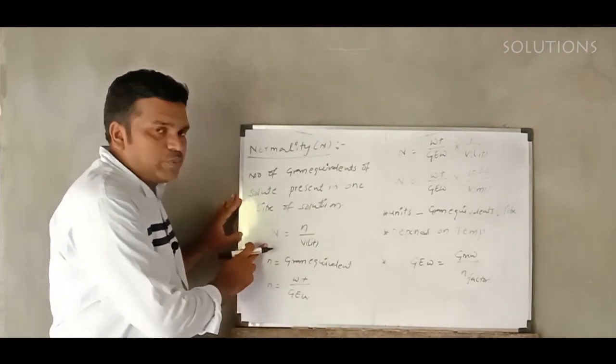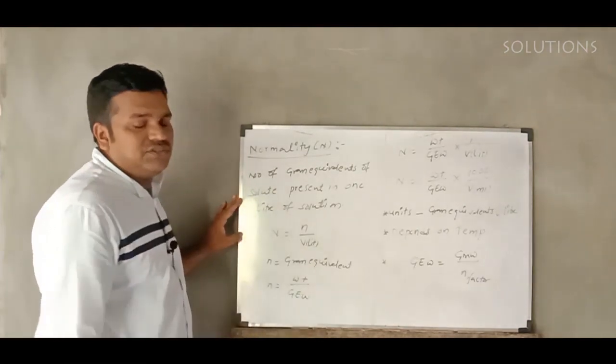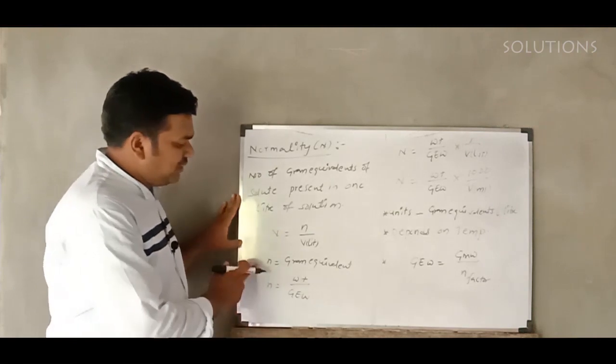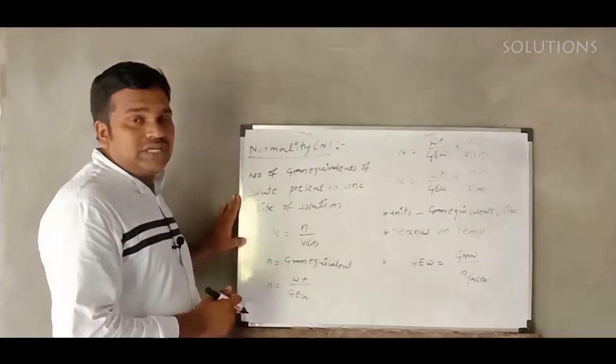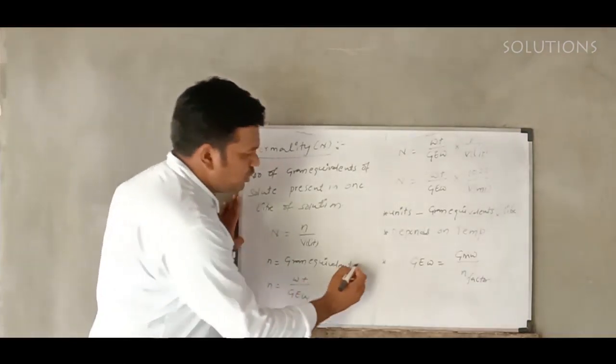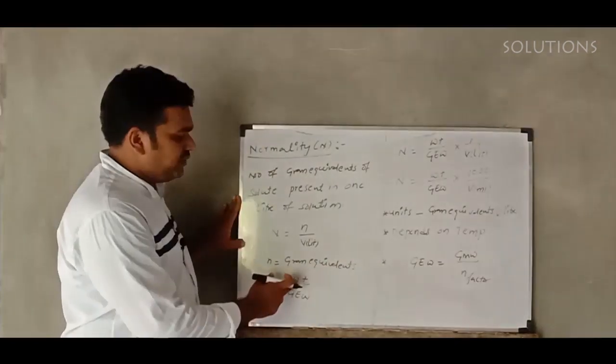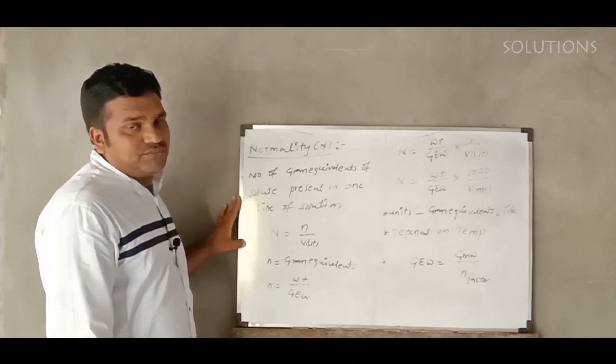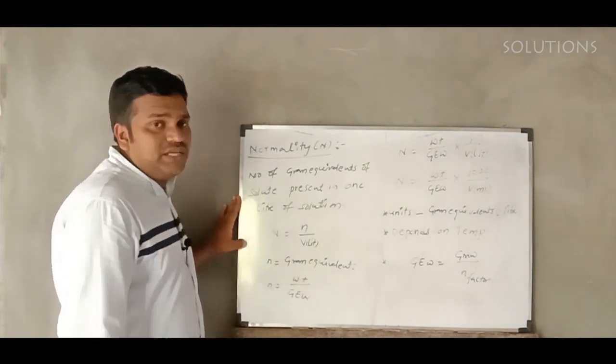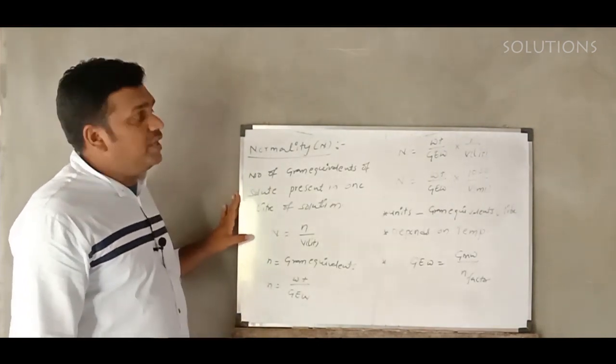Normality N is equal to N by V in liters. But what is N here? N is equal to gram equivalents, that is, weight by gram equivalent weight, the weight of the solute by the gram equivalent weight of the solute.